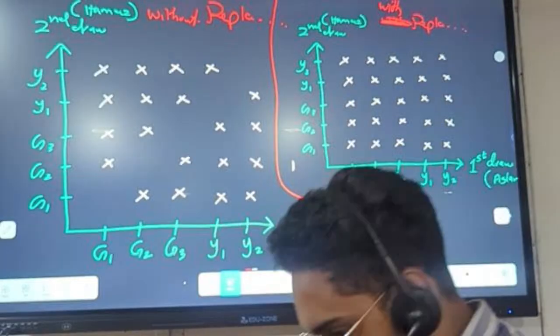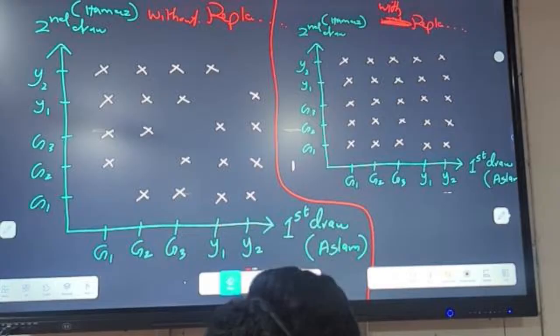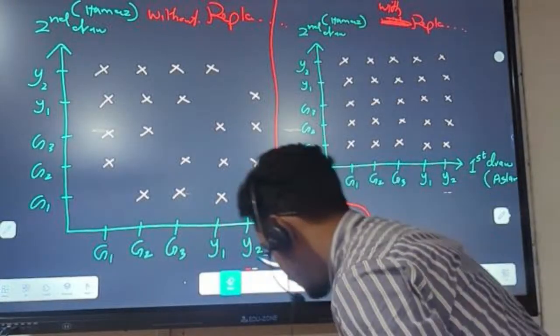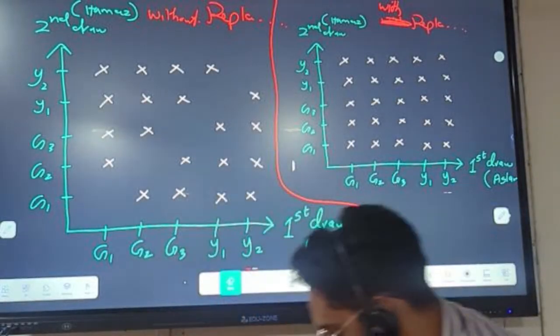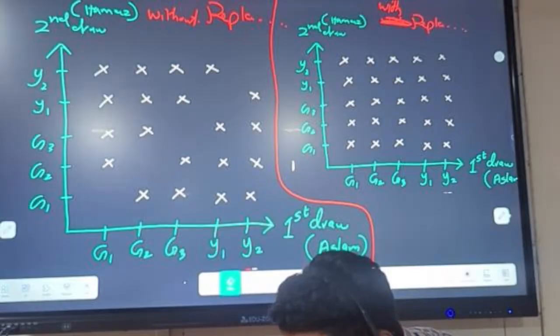Yeah, I'll try to sort that out. I think I have to change the device for the camera. Yeah, for now, please manage. I'm sorry about that.